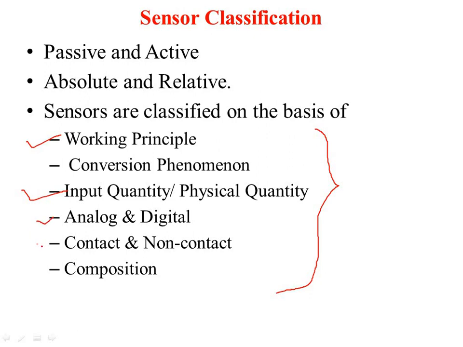They have importance again. Depending on what kind of applications you are using, you need to go accordingly, and there is an overlap of all these classes. So basically we can classify into passive and active, absolute, relative, analog and digital, and we'll see one by one. Okay, so sensor classification, we first discuss what we mean by passive and active sensors.